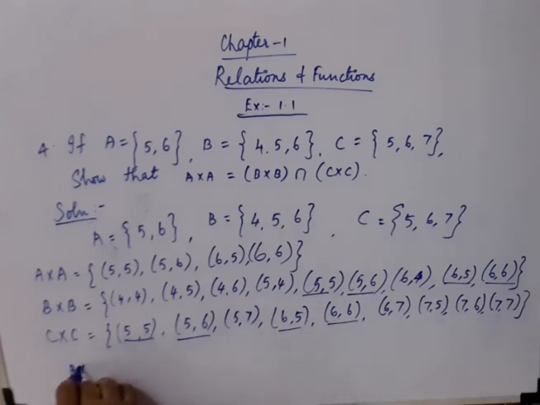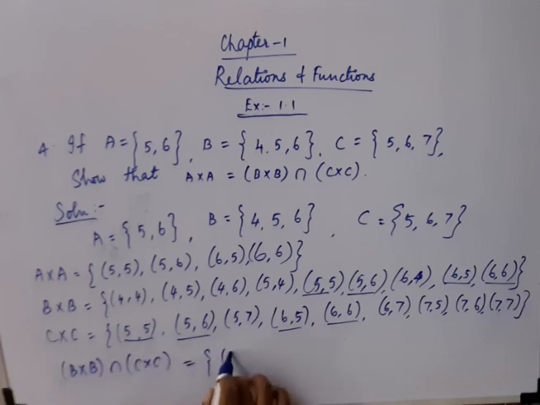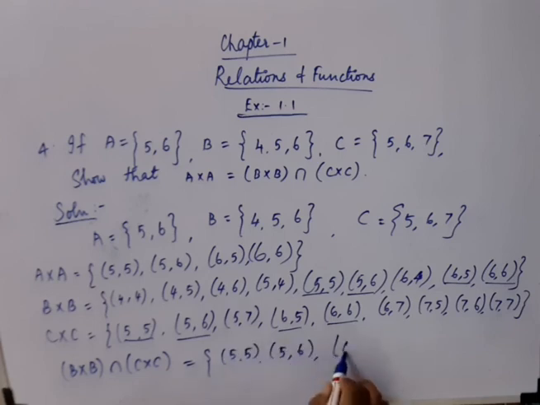So B cross B intersection C cross C can be written as (5,5), (5,6), (6,5), (6,6).